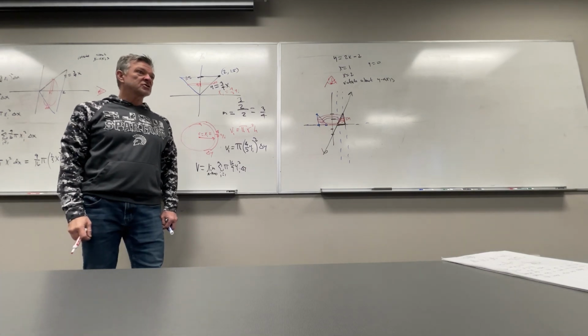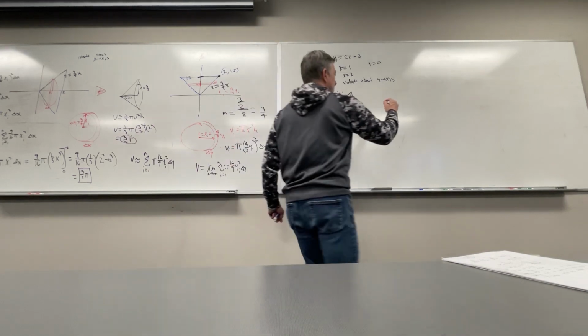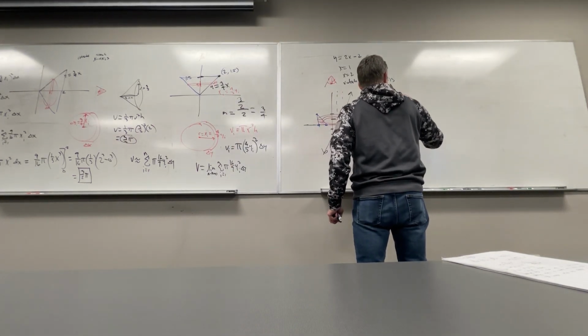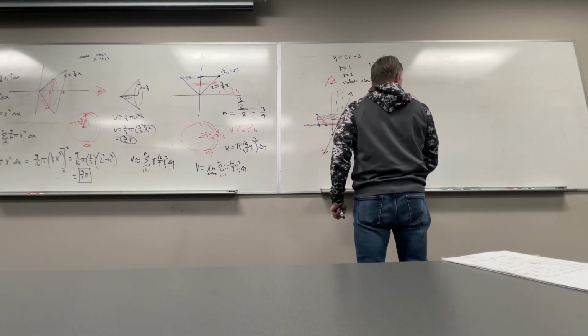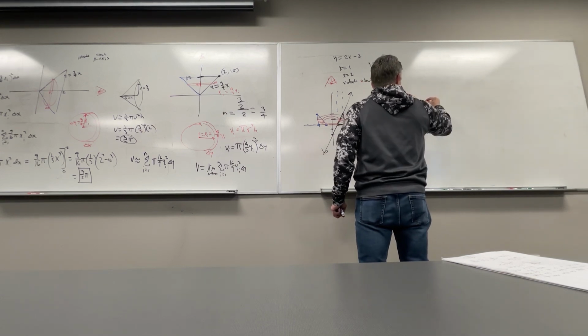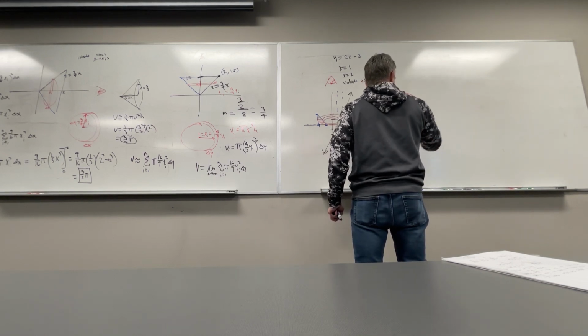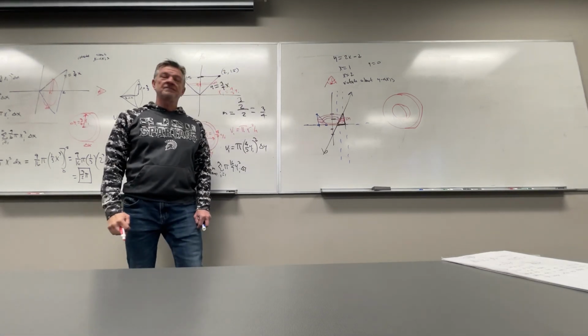So it's gonna be like a washer, isn't it? It's gonna be a washer. So it would look like this. If you're in law enforcement, you might think it looks like a donut.